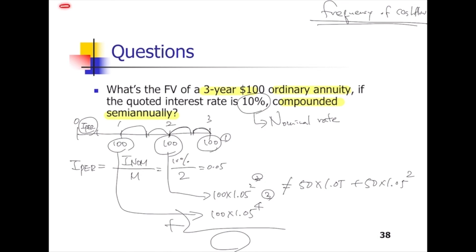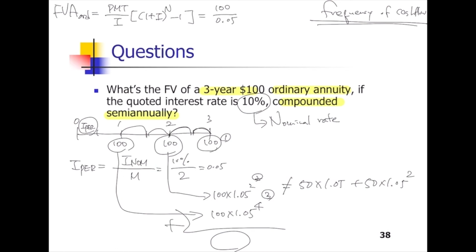So the FV of an ordinary annuity is here. The PMT over I, (1 plus I) power of n minus 1, right? So input the numbers. The PMT is 100, and what is I here? Is it this number? We compound semi-annually, the nominal rate is 10%, so 0.05, is that right?